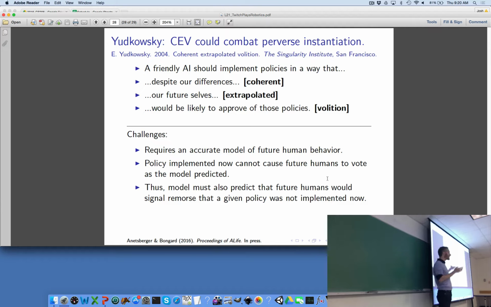In order to carry this out, it has to have a model of human behavior, not necessarily share the same values we do. I wouldn't know how to build a machine that has human values. I have a better idea, at least, of how to go about trying to build a machine that builds up a model of human behavior.